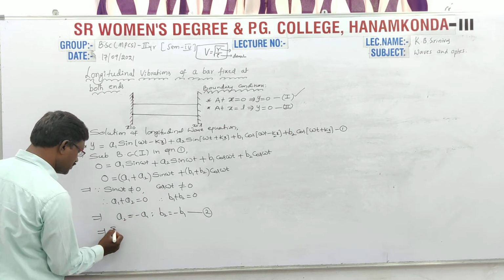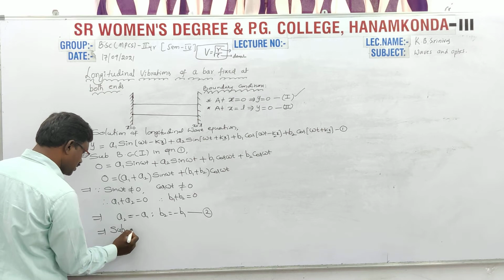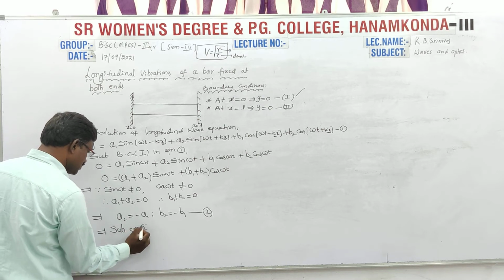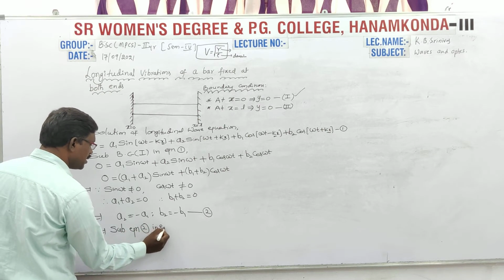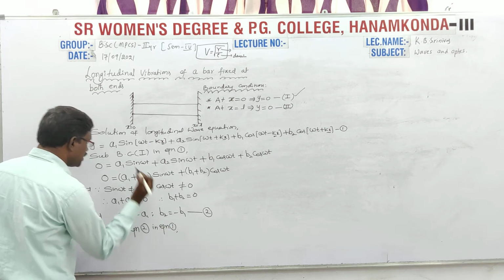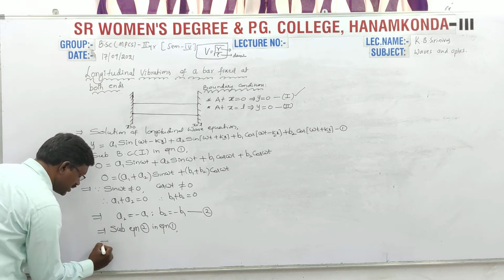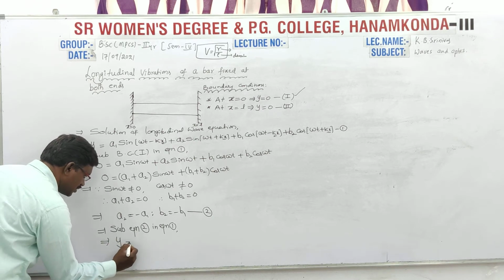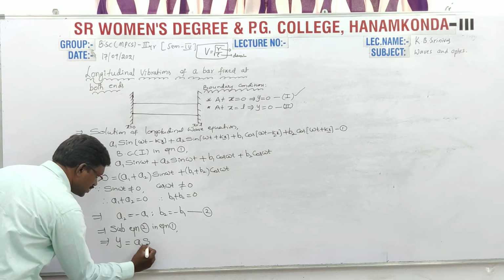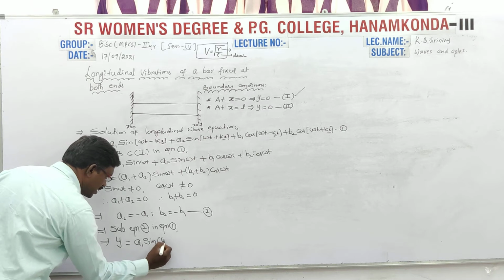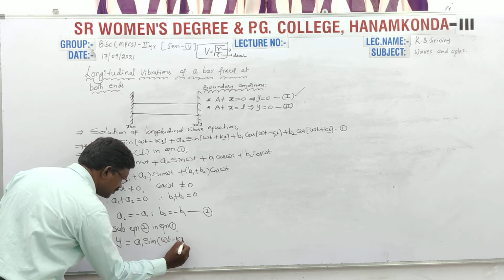So to calculate that expression for frequency, I am doing this derivation. Substitute equation 2 in equation 1. See equation 1 carefully. Y is equal to a1 sin of omega t minus kx.